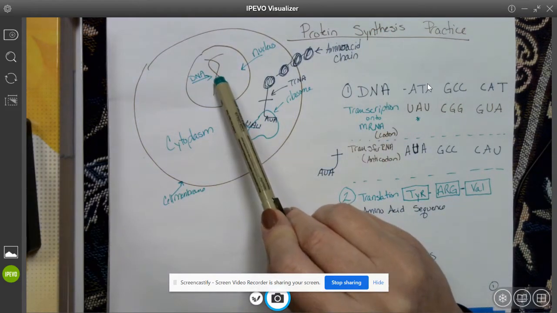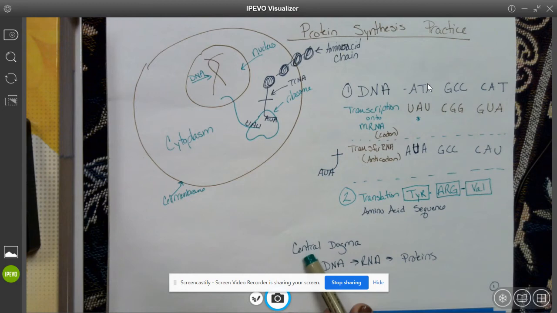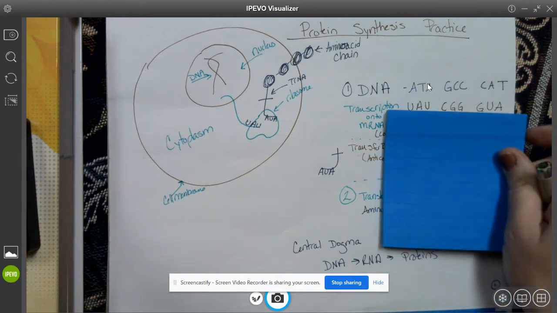So how does the information get from here to here? That's the mystery that needed to be solved with the central dogma. The central dogma states that information flows from DNA to RNA to proteins, and then proteins code for a trait. So what does this look like? How does this happen?